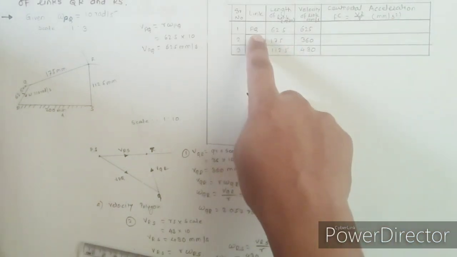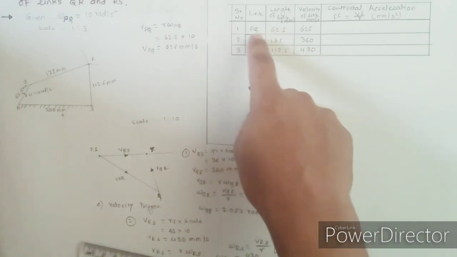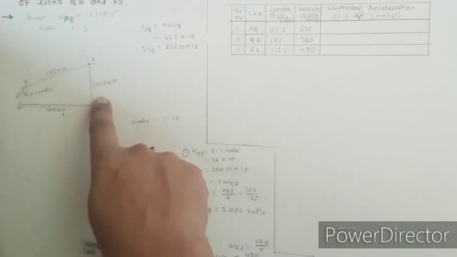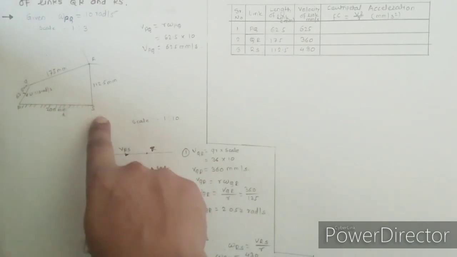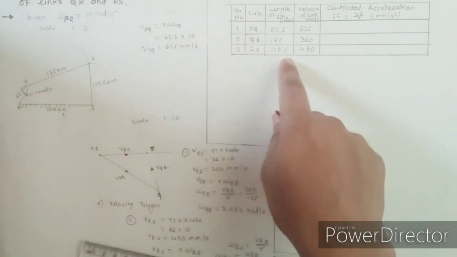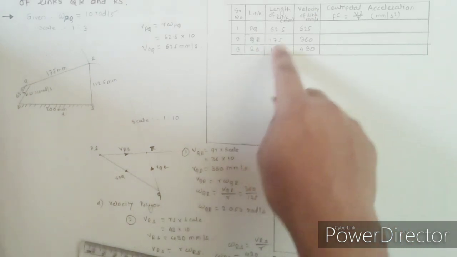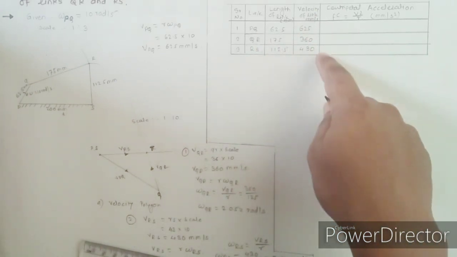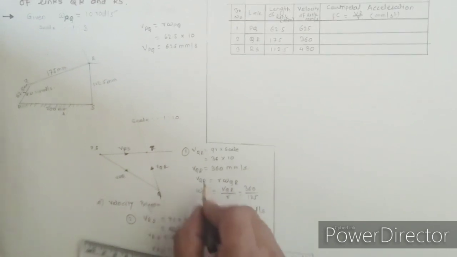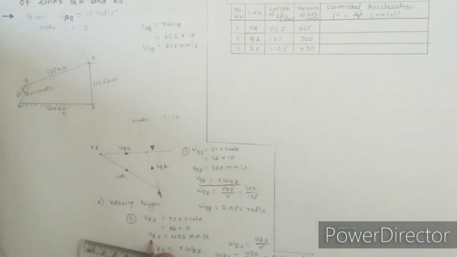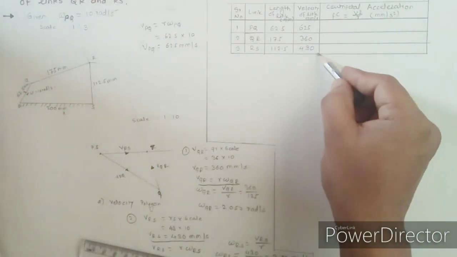Now the three links are PQ, QR and RS. As PS is fixed, we don't take it in this table. So PQ, QR, RS, length of link and velocity which we have calculated, VQR and VRS. I have written these in this table.